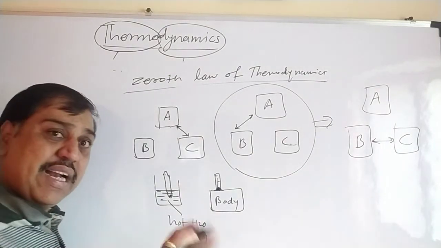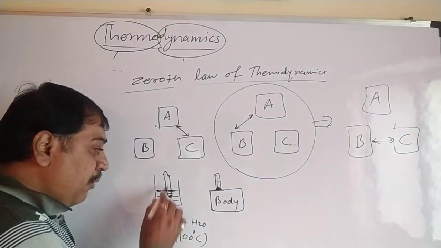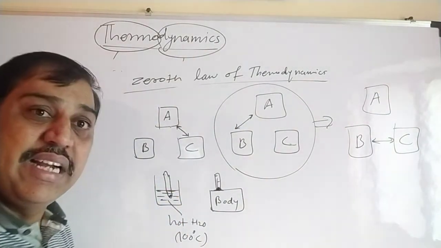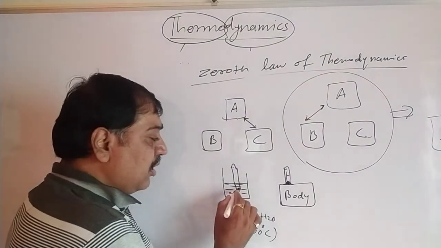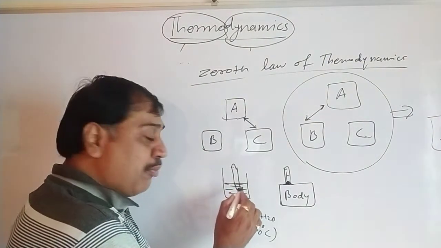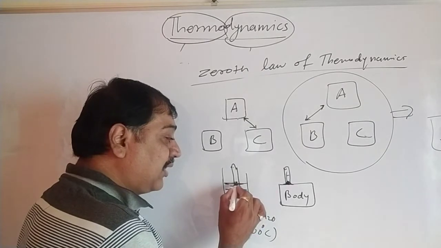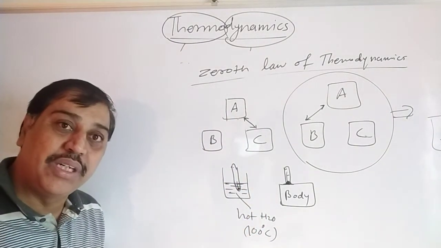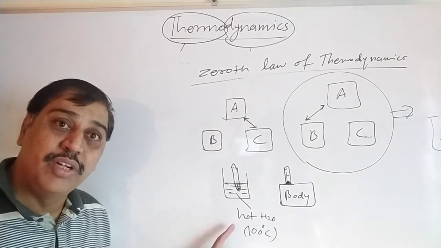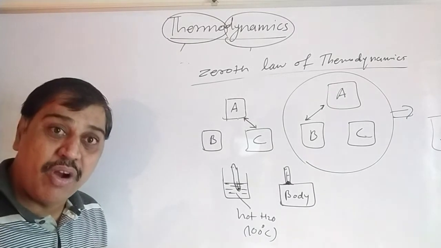When we put a thermometer in it, it is seen that the mercury in the thermometer starts rising. If you quickly remove the thermometer, it cannot show the temperature of the water. Why? Because thermal equilibrium is not reached.